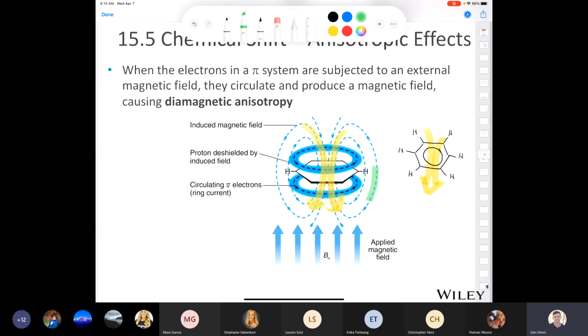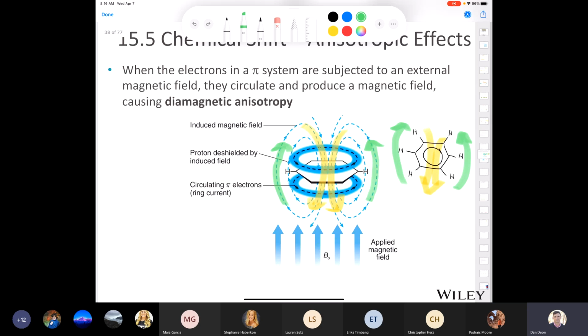However, look at the outside of the ring where the protons actually are. We see that there's a magnetic field there that actually aligns with the applied magnetic field. And so these protons are going to be de-shielded by this induced magnetic field. What does that mean if they're de-shielded? I'll go over it again. If they're de-shielded, that means that they feel even more of the applied magnetic field.